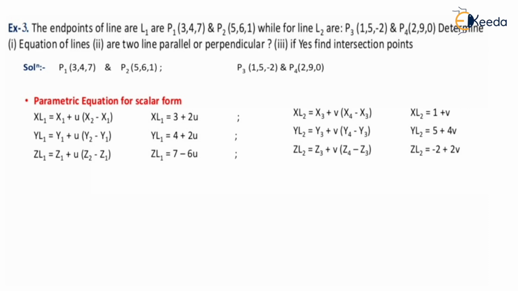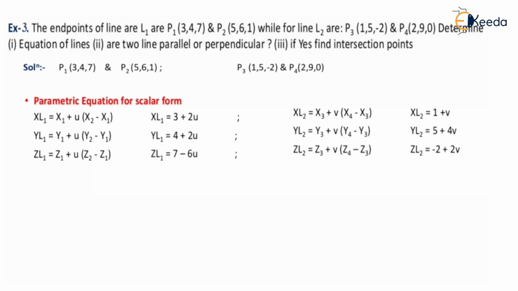So x is 3 + u(5 - 3), that is 3 + 2u. So xL1 is 3 + 2u. Similarly, yL1 is equal to y1 + u(y2 - y1). y1 is 4 plus u into (6 - 4), that is 2, so 4 + 2u is yL1.